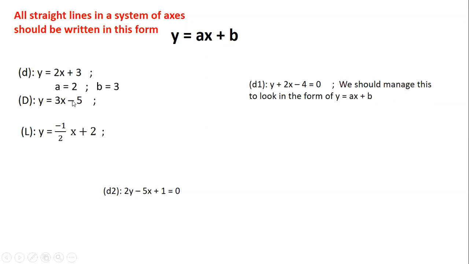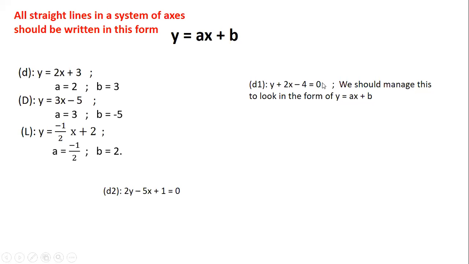Also, y equal 3x minus 5 is also a general equation, because I said yesterday that b, which is the y-intercept, can be positive or negative. If you find a minus here, don't say it doesn't look like the general equation. It is the same, but here the y-intercept b is negative. It is -5. Also, in the equation below, we can determine the slope and the y-intercept directly.